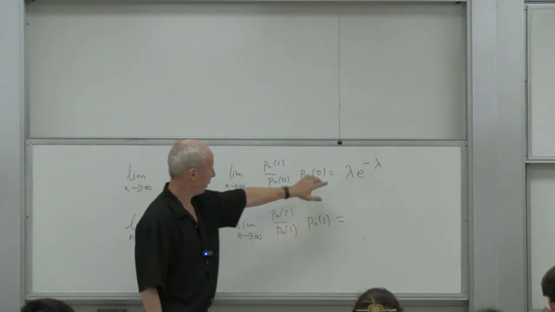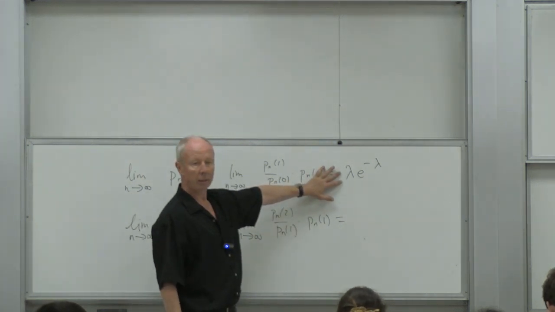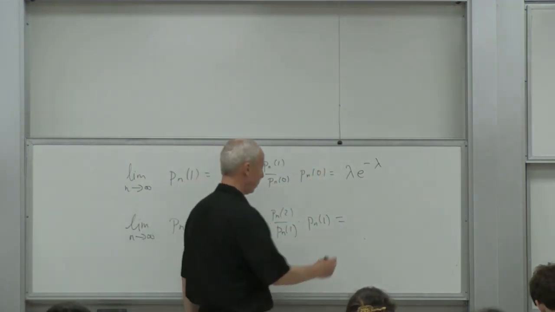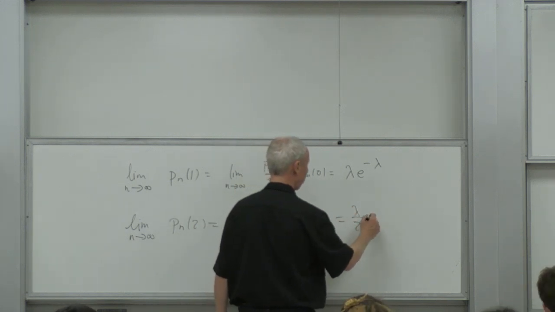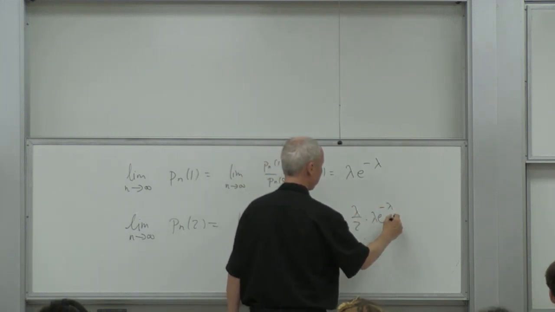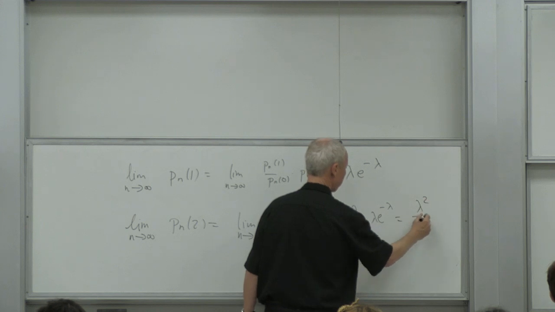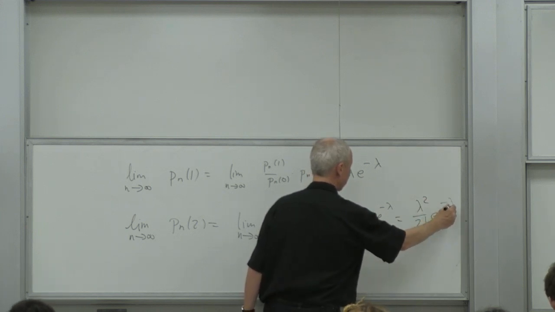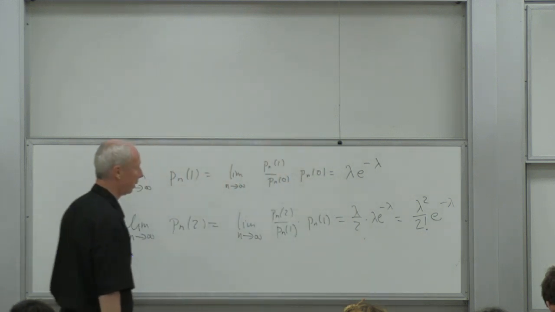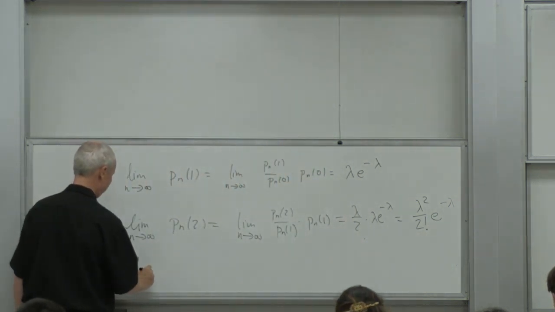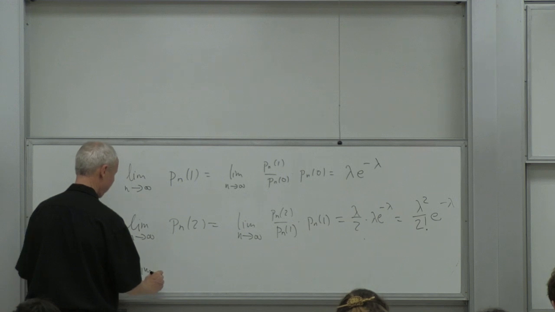And what's this? Lambda e to the minus lambda. So we get lambda over 2 times lambda e to the minus lambda, or lambda squared over 2, e to the minus lambda. And 2 is the same as 2 factorial. What about the limit as n goes to infinity, pn of 3?